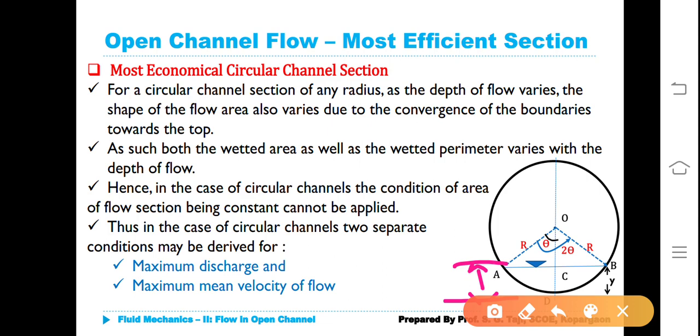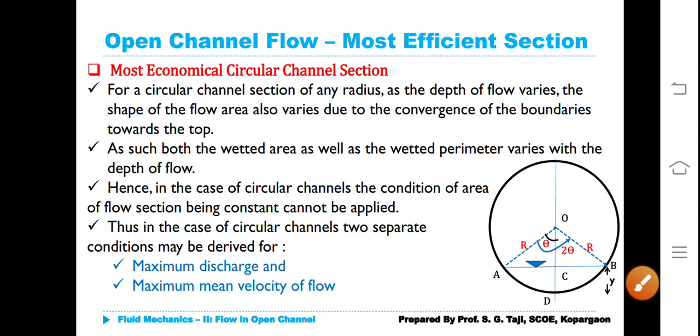As the depth of flow varies, the shape of the flow area also varies due to the convergence of the boundaries towards the top. As such, both the wetted area as well as the wetted perimeter vary with the depth of flow.